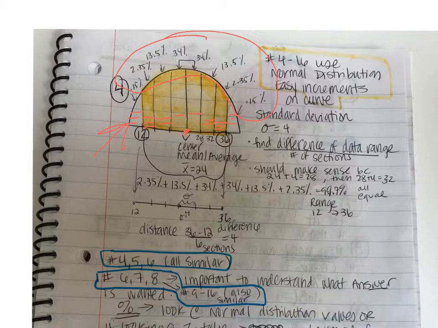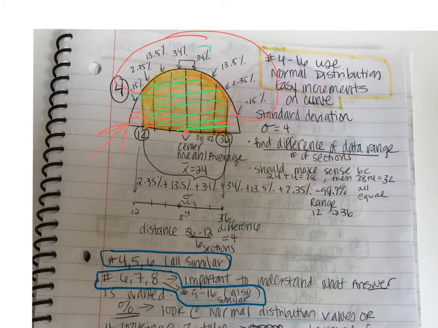Anyways, for this problem, it said find the difference of the data range of the sections. If they tell you an interval, like they say the interval is 99.7%, you know that this whole yellow region is 99.7%.